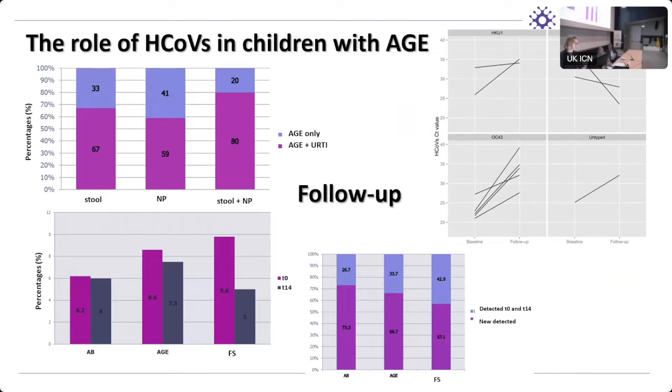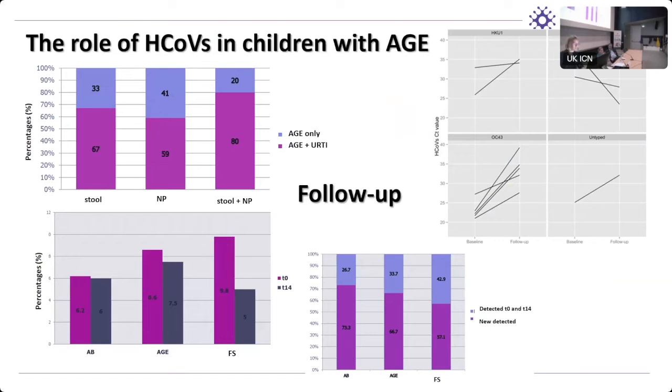So most of the children also had acute respiratory tract infection. But when we look at follow-up samples, we didn't find any differences in the prevalence from baseline to follow-up.